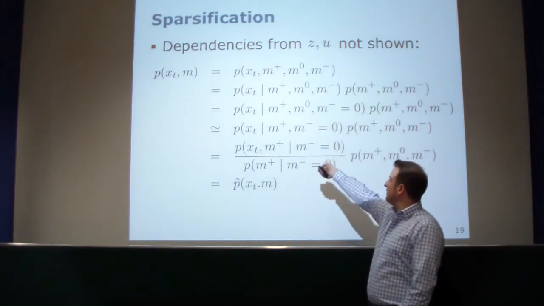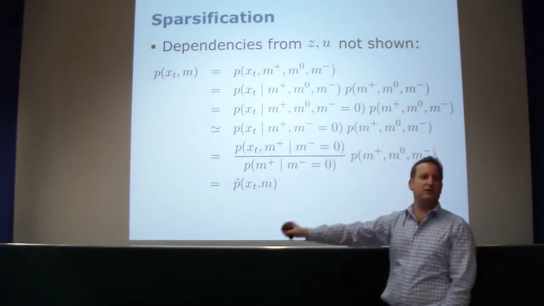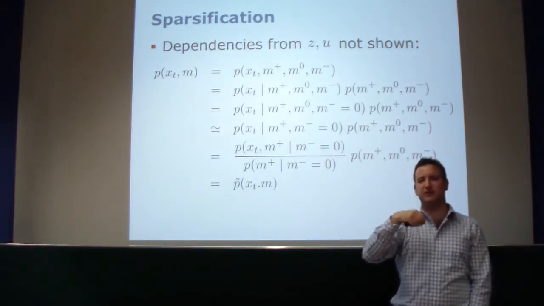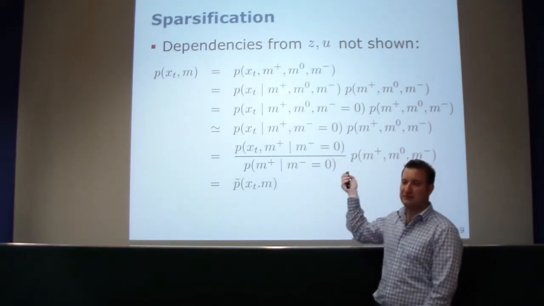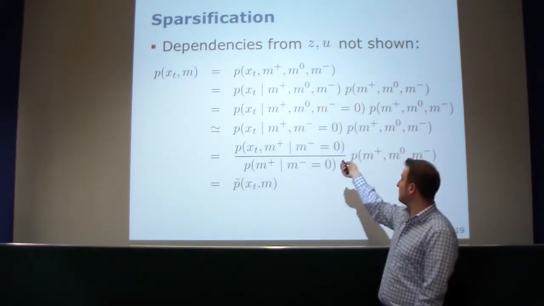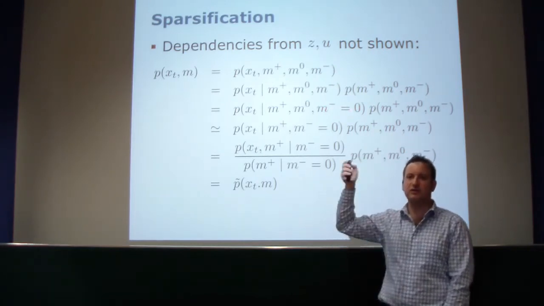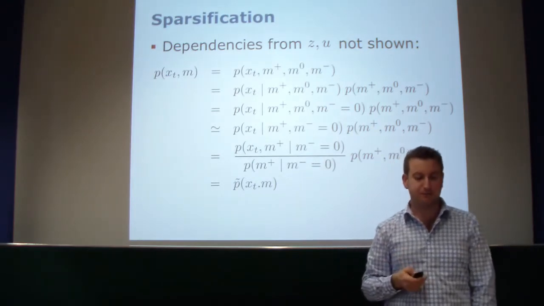That's the reason why here we set m minus to 0, not removing it completely from the distribution, because the sparsification assumption says given all other landmarks. So we need to maintain those landmarks, although their values don't contribute to the estimation of xt given the assumption we have in this.